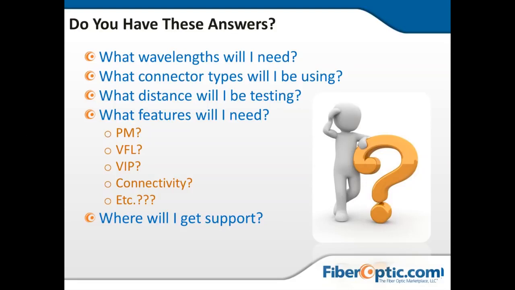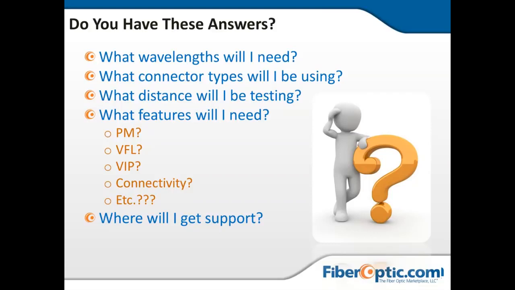What distances will you be testing? Obviously, the distance is going to be an important factor. There are lower end OTDRs that are perfectly acceptable and perform perfectly well in shorter distances, but once you get out to the field and you're trying to maybe test a 50, 60 kilometer span, depending on the amount of loss that is intrinsic in that span, your, let's just say, metro or fiber to the home type of OTDR might not have enough power to be able to make an accurate reading.